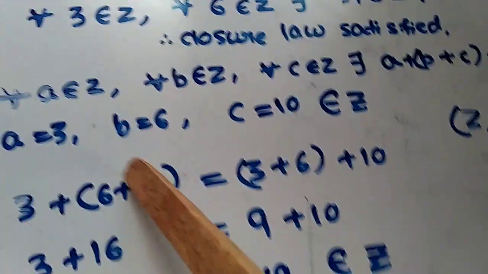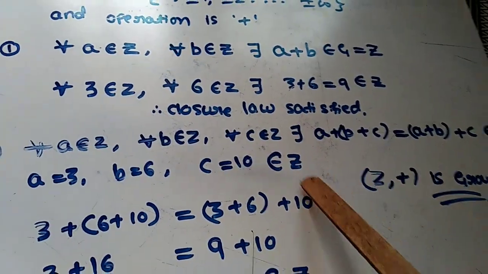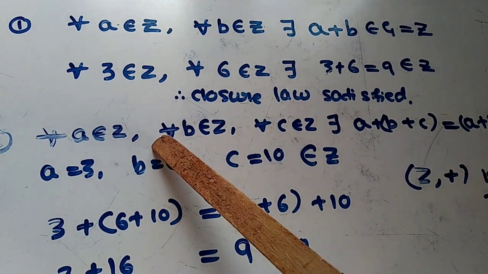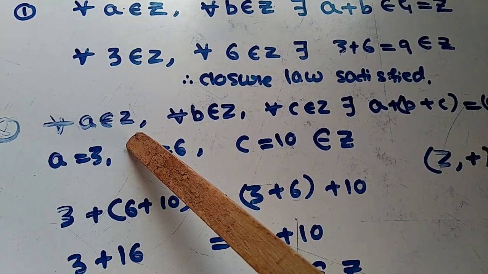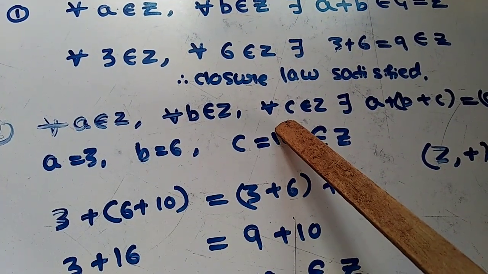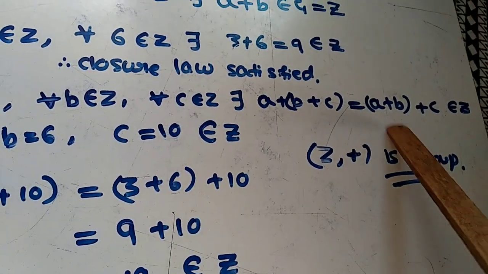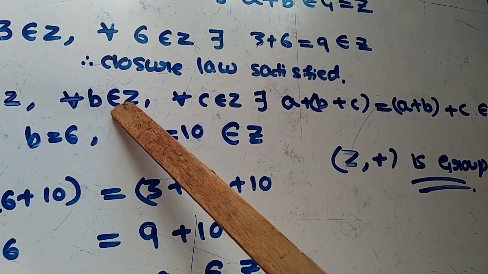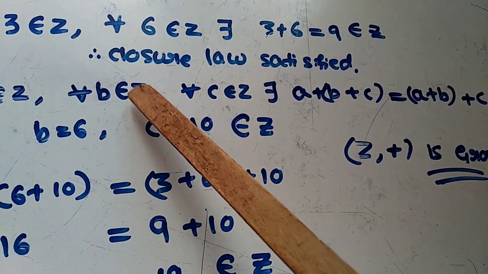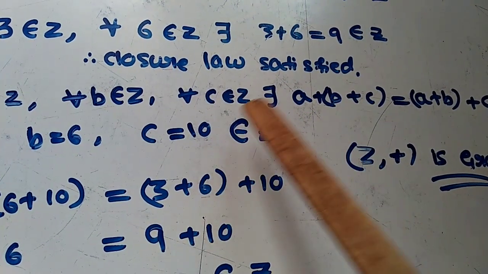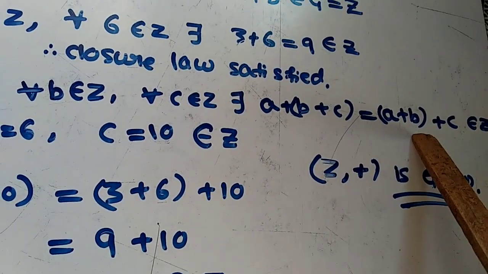So what is your second condition? That is the associative law. For checking the associative law, we have to select three elements like A, B, C, and this is the given condition. Take three elements, and those three elements should belong to the integers. Then just put those three elements into this condition.